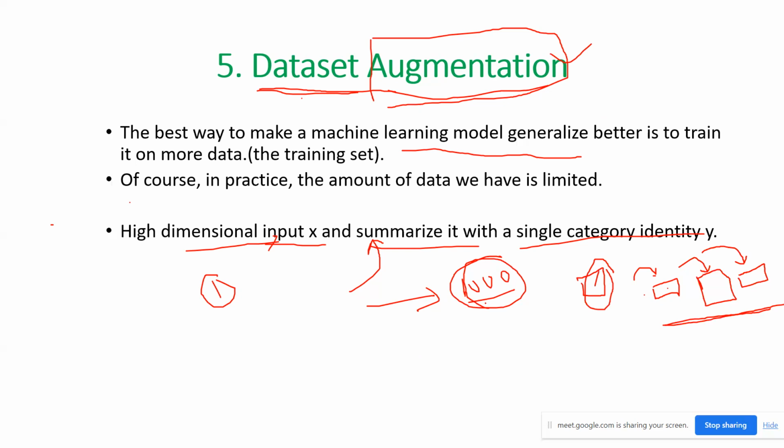Like this we can apply it on X and Y, that means on the X axis and the Y axis. When you consider an image, you can rotate it in the X axis, and also in the Y axis. Like that, we are creating bulk data from these limited data elements.